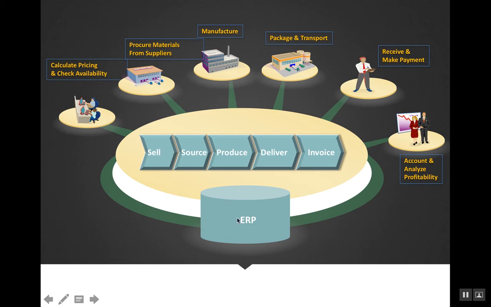All right, and the idea is that through the implementation of an ERP system, there is only one application that all of these groups need to work with. So everything in the organization can be performed inside of the ERP system. It's this idea of business process integration. So the key word you'll hear a lot of times, particularly with ERP and ERP implementations, is this idea of integration.